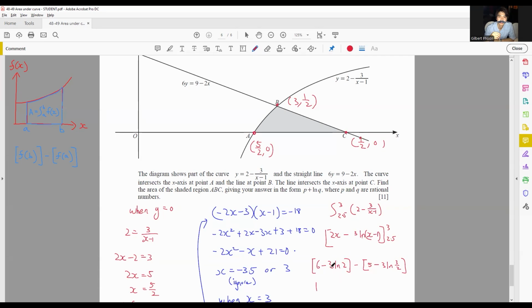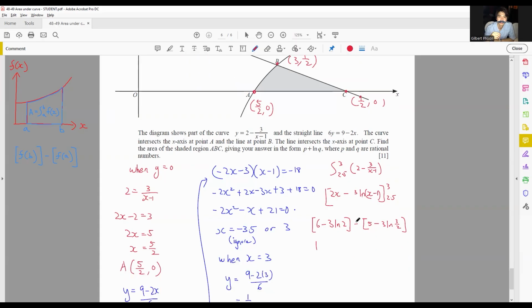Now, this part here, I think, is going to be a little bit tricky where students will end up making mistakes. So this is actually negative 3 ln 2 plus 3 ln 3 over 2. What I would advise is to rearrange it to make it 3 ln 3 over 2 minus 3 ln 2, like so.